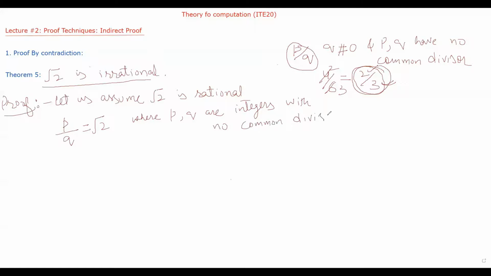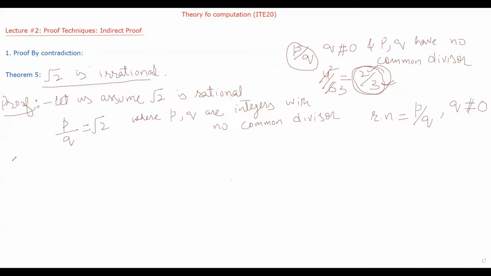Because every rational number can be written in this format, where q is not equal to 0 and p and q have no common divisor.